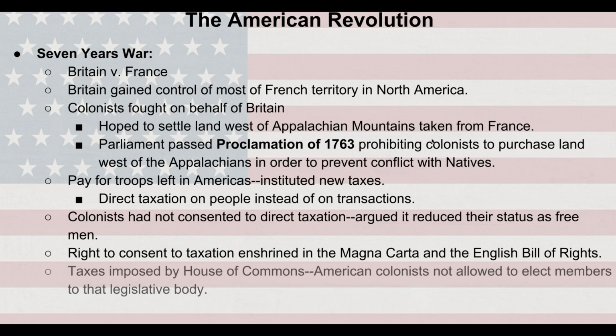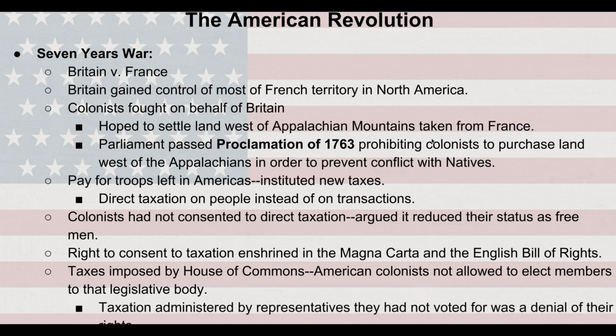Taxes were being imposed by the House of Commons, which is the legislative body in Great Britain, and the American colonists were not allowed to elect members to that legislative body. And so essentially, taxation is going to be administered upon these American colonists by a group of people they had not voted for.